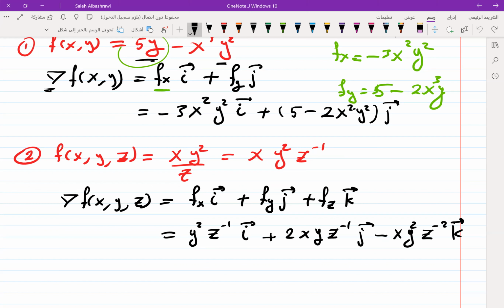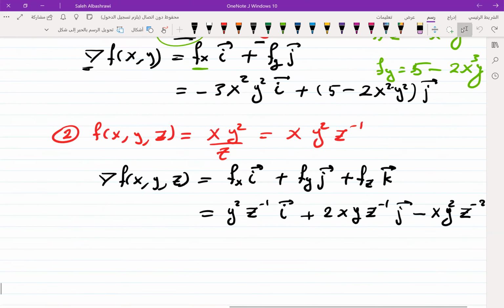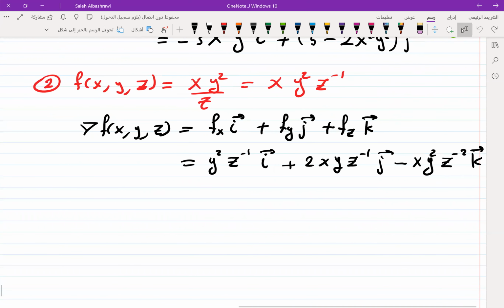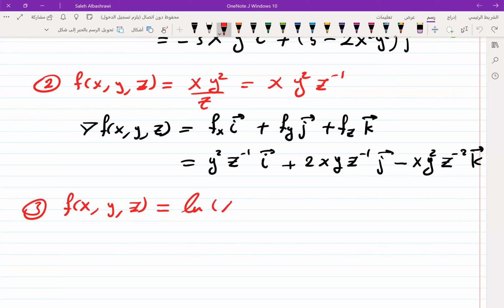One more example, number 3. F of x, y, z equals ln of x squared plus y squared plus z squared.